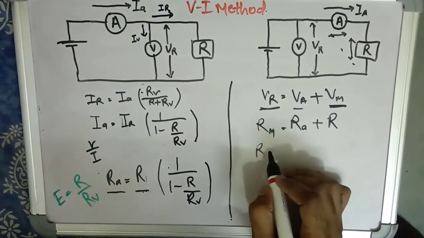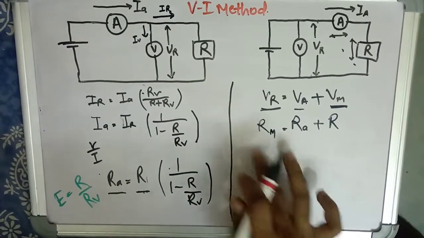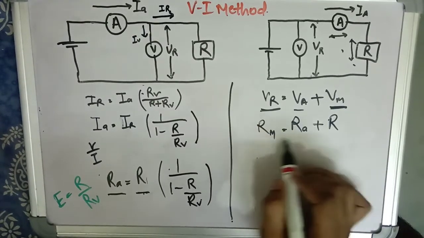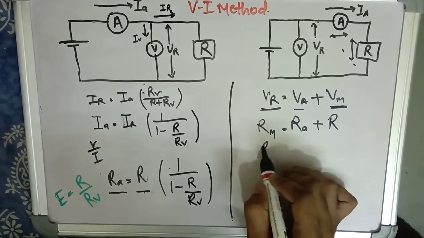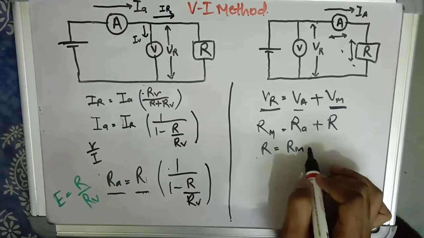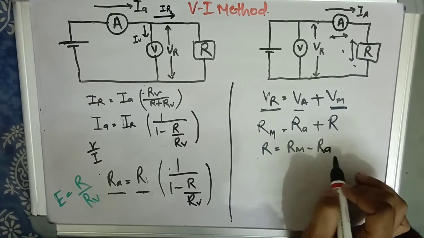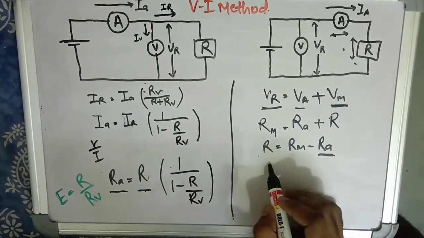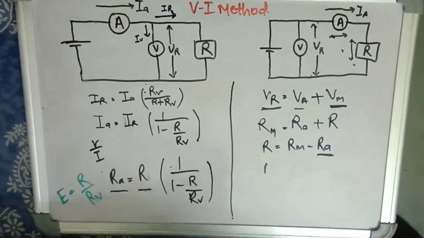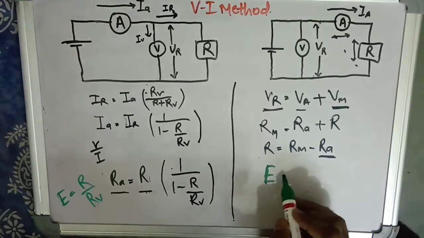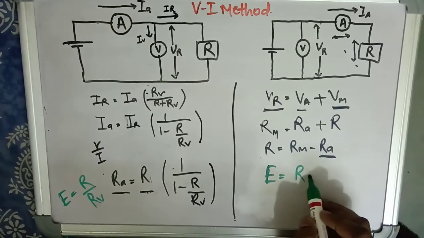So the error comes out to be R equals Rm minus Ra. So the error is Ra, and the error coefficient E comes out to be Ra upon R.